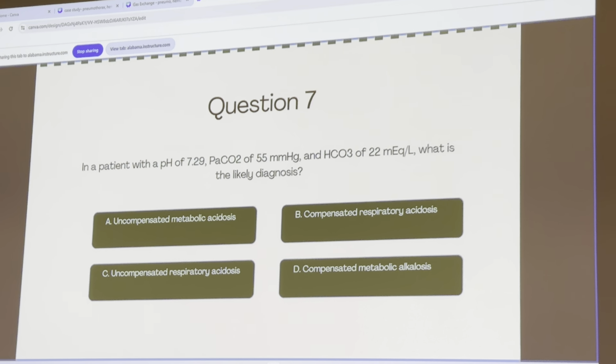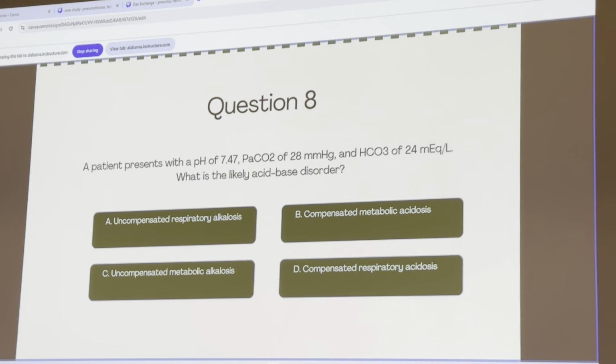Does that make sense? Okay. Question 8. pH is 7.47. Is that high or low? High. What else do I got up there? CO2 at 28? Low. Good. Bicarb of 24. That's normal, right?